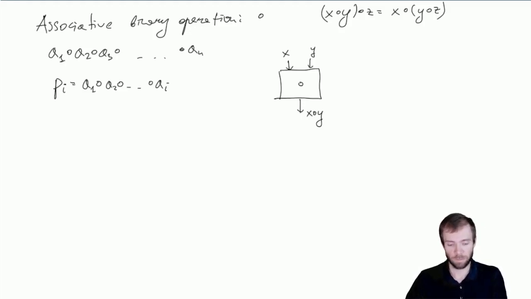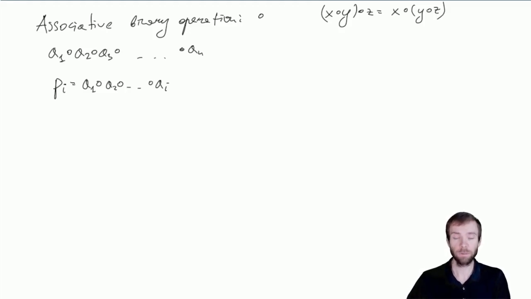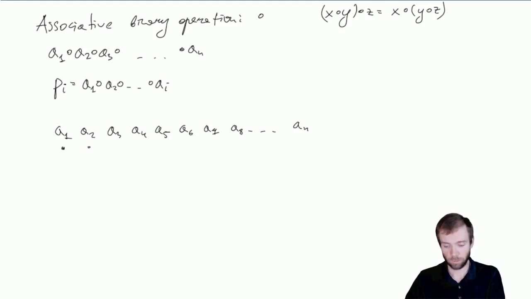So let's assume that we have these building blocks, and let's see how we can build a multi-layer circuit that computes the prefix products. The inputs of this circuit are, of course, A1, A2, up to AN. These are the input nodes of our circuit. The outputs of these circuits are all these Pi's. So on the first layer, we will place these sub-circuits which are able to compute our operation for all the i from 2 to n.